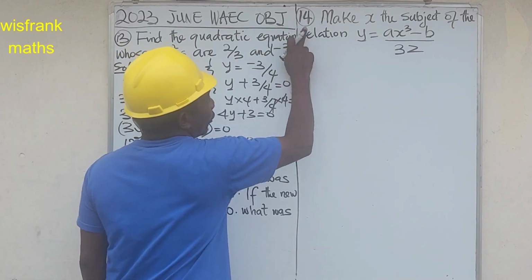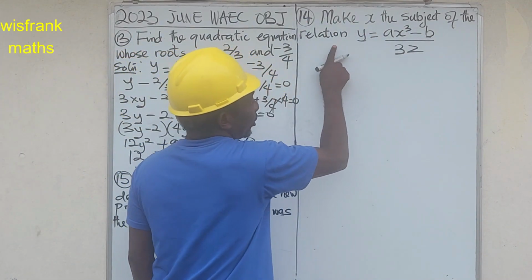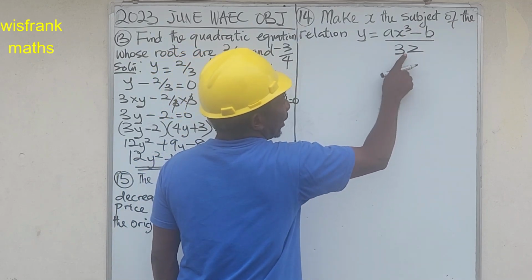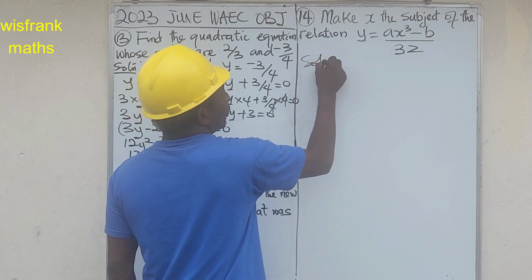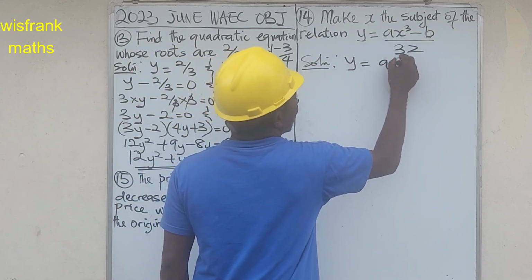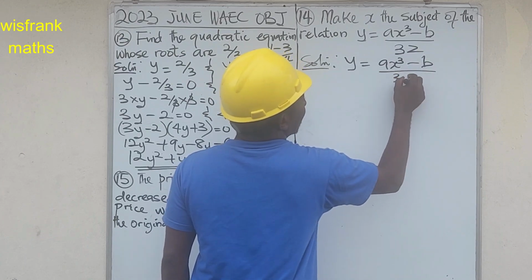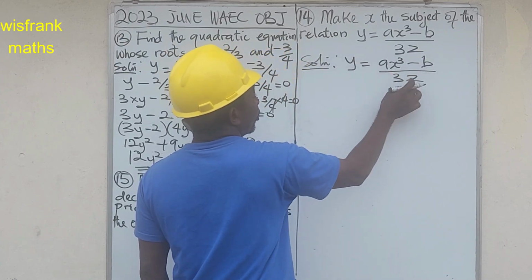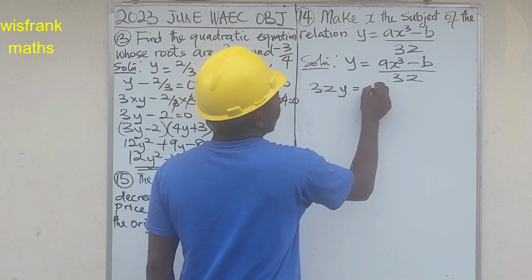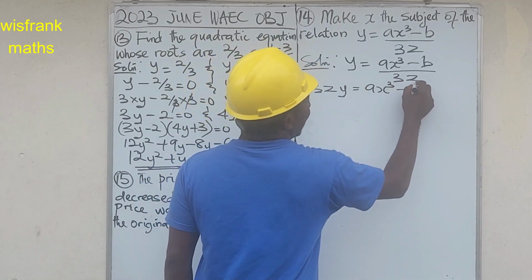Number 14, make x the subject of the relation y equals ax cubed minus b all over 3z. So we have the solution. So we have y equals ax cubed minus b all over 3z. So we have to cross multiply. When we cross multiply, we have 3z times y equals ax cubed minus b.